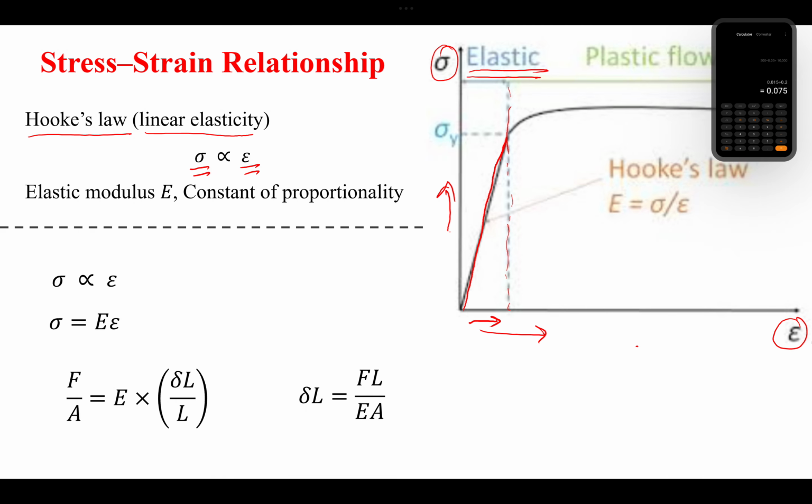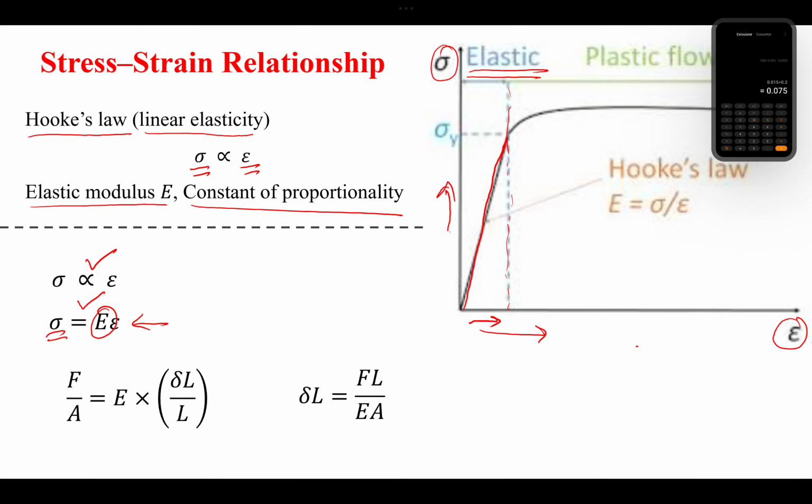In this case we introduce the elastic modulus that depends on the material. It's the constant of proportionality. When we remove this proportionality and convert it into equality, we introduce this constant E, which depends on the material properties. So for each material it will be a different value. This is the basic equation for the stress strain relationship.